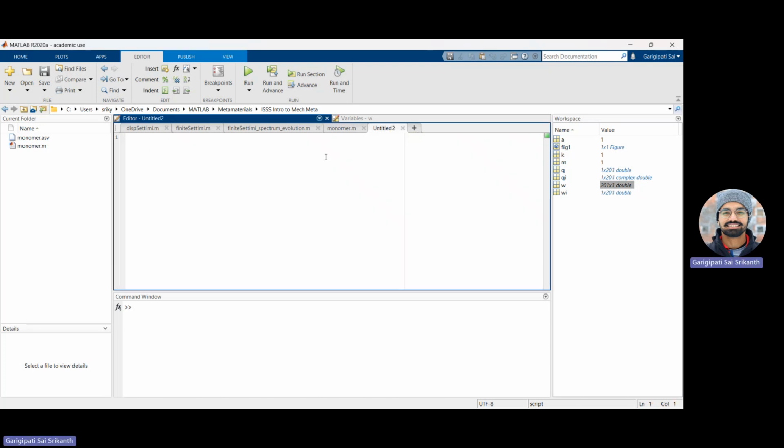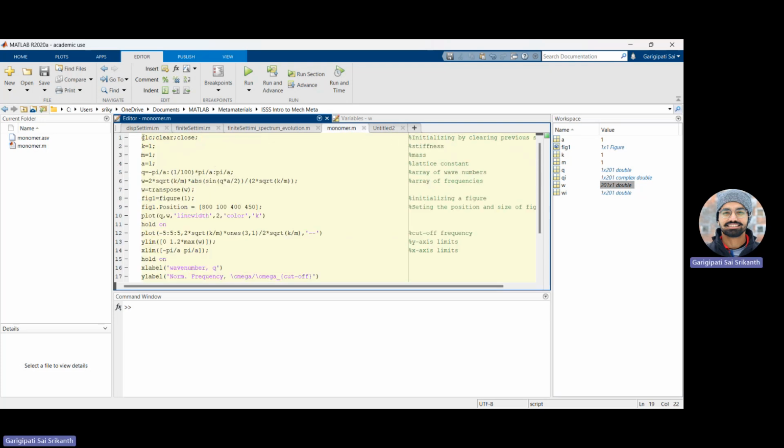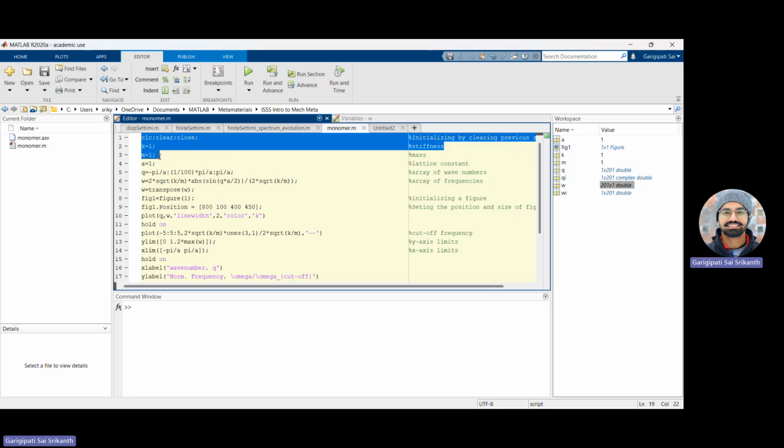Oh, so let's head to the mass diver, or I think we can do stiffness diver. Let's do stiffness diver. These I think can be copied.